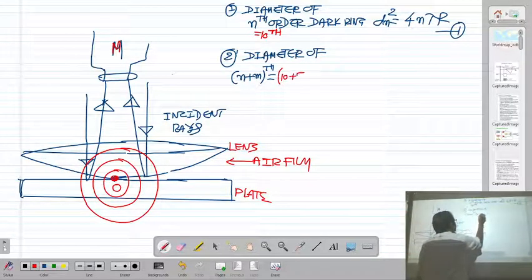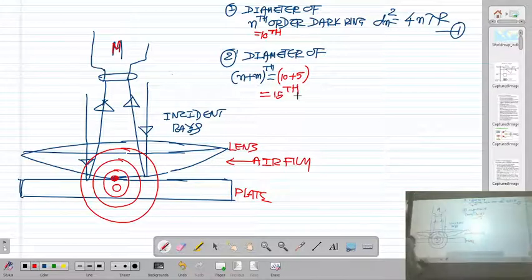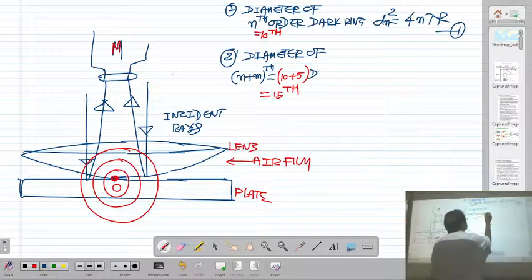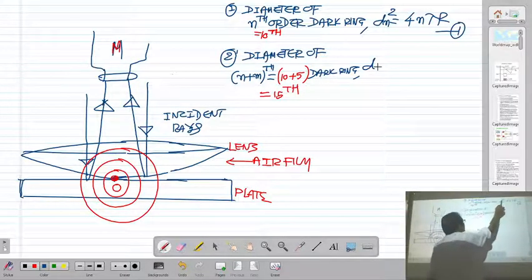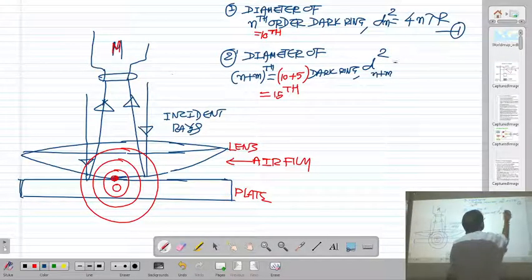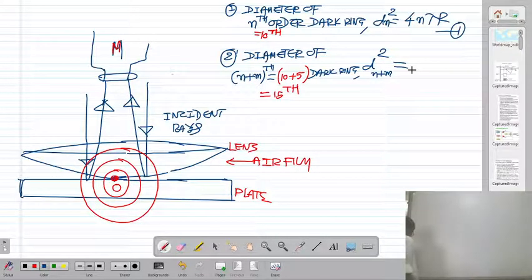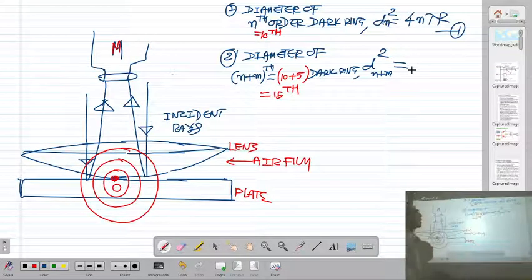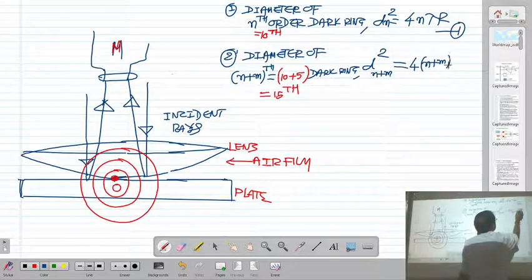Suppose I take m as 5, then the 15th dark ring. This thing we already discussed. You have to replace n by n plus m: D n plus m square is equal to 4 times n plus m lambda r.